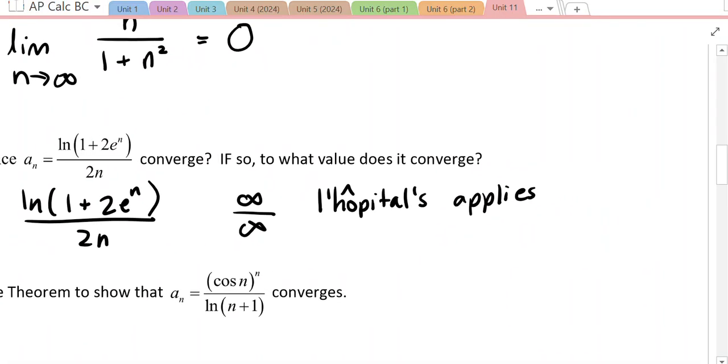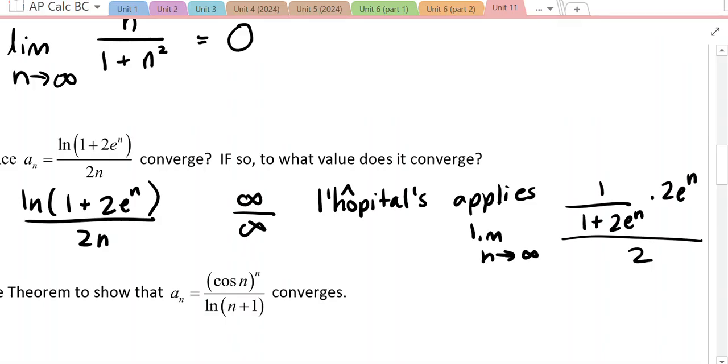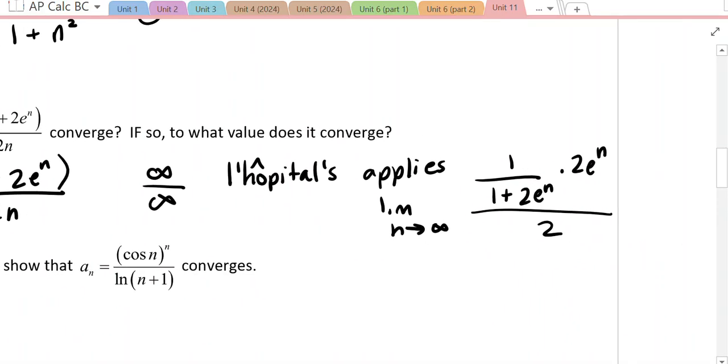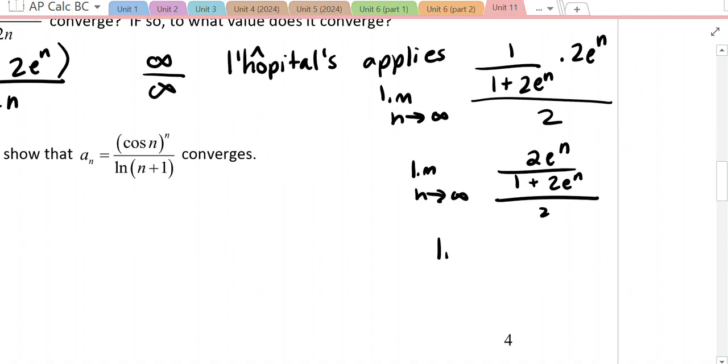So I'll get the limit as n goes to infinity of 1 over 1 plus 2e to the n, times another 2e to the n by the chain rule, over 2.